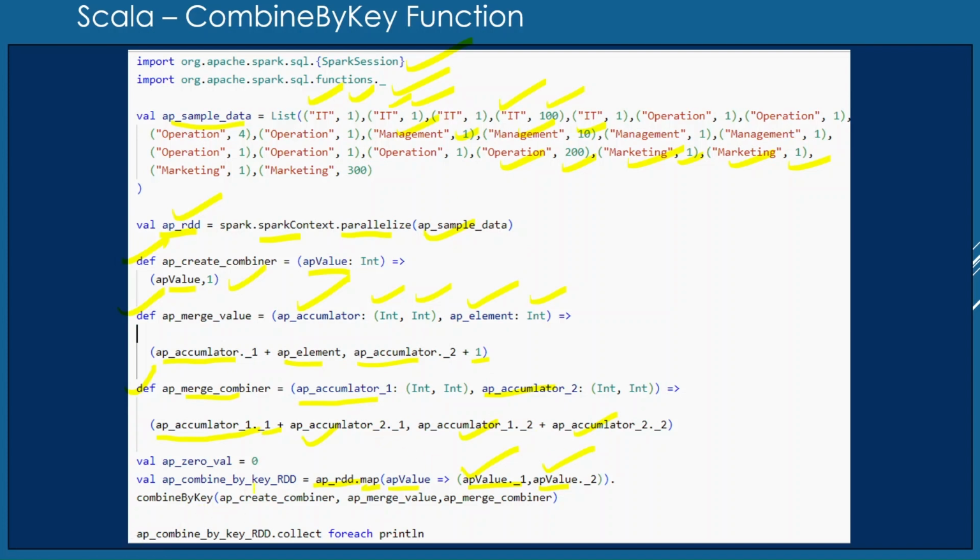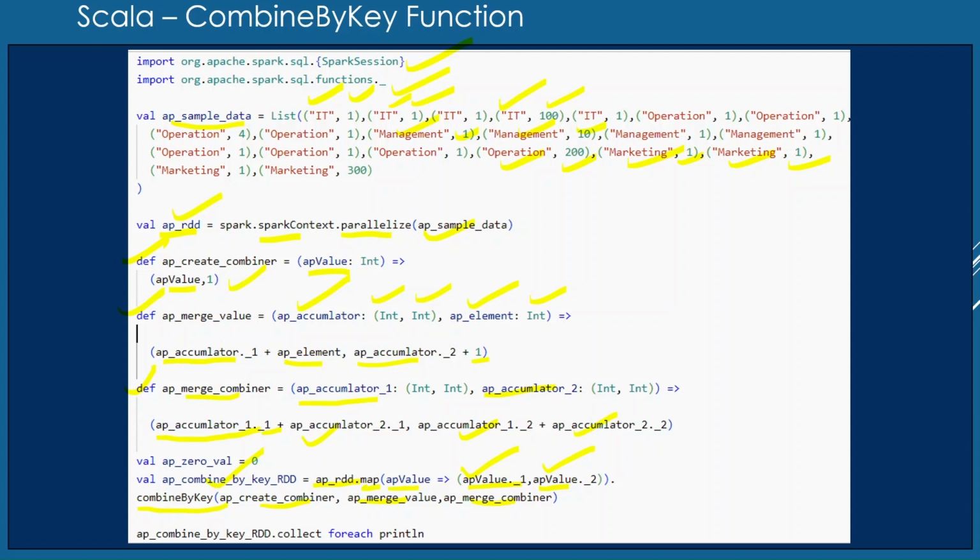On top of the RDD created with this map function, I'm calling the combineByKey function and passing three functions. It will do some aggregation and put all the aggregated values in this RDD.